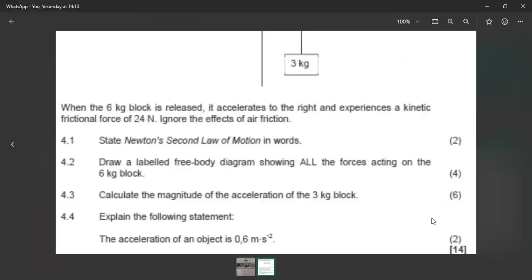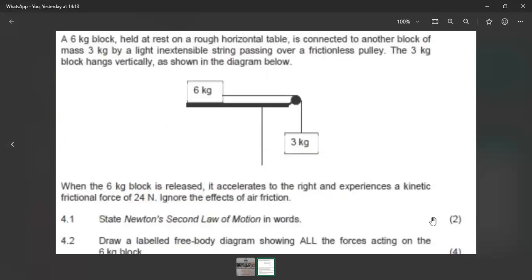This one says, calculate the magnitude of the acceleration of the 3 kg block. Do you see that? So in order for us to calculate the magnitude of the acceleration, we have to use simultaneous equations. Why do we use simultaneous equations?